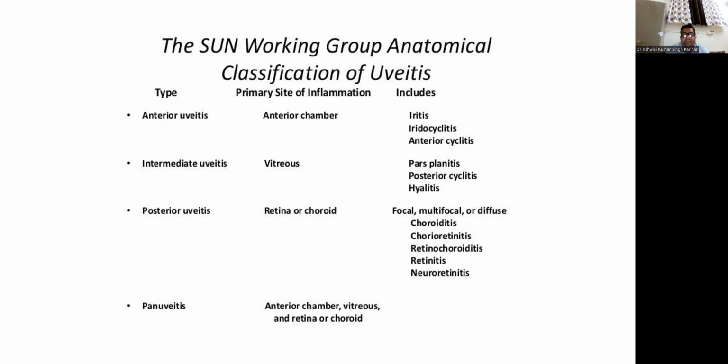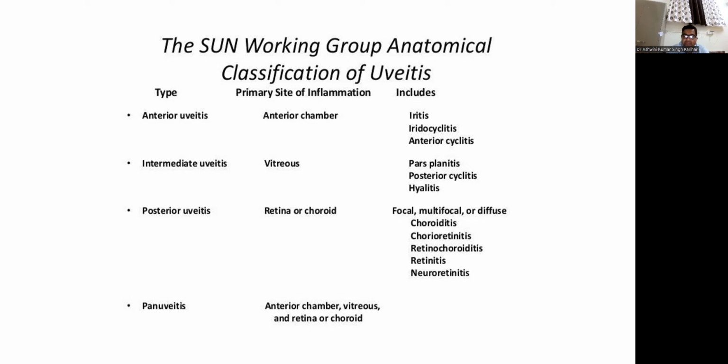So this is the SUN working group anatomical classification of uveitis. Anterior uveitis means there is inflammation in the iris and ciliary body, that is, involvement of the anterior chamber. Intermediate uveitis is when there is involvement of the vitreous body: pars planitis, posterior cyclitis or hyalitis. Posterior uveitis is when there is affection of the retina or choroid.